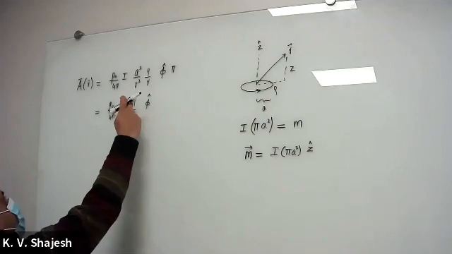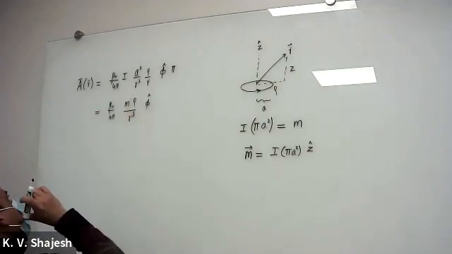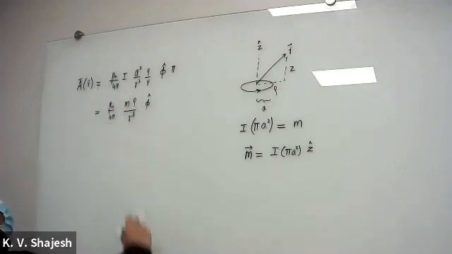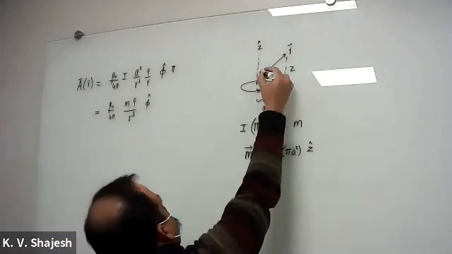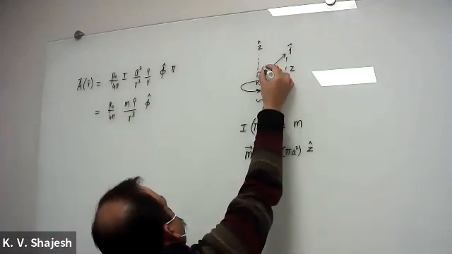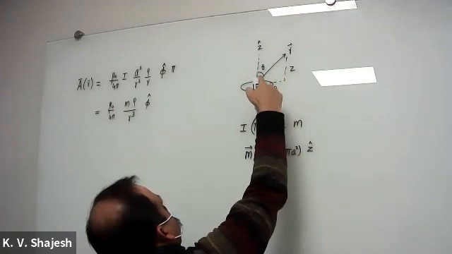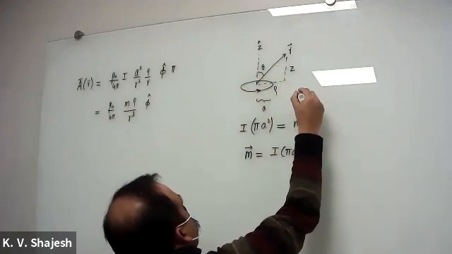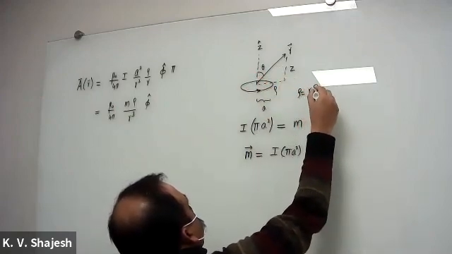Let's go back to our spherical coordinates. Notice I introduced the angle theta here. If this is theta, then rho is actually r sine theta.